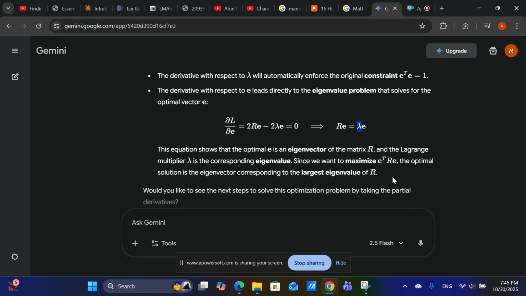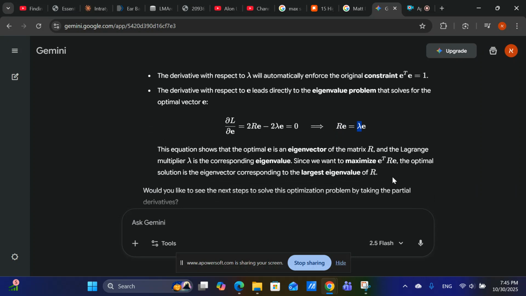Therefore, I will build my principal components in the direction of eigenvectors, which will maximize the variance, as we saw, and the different principal components will be orthogonal to each other.